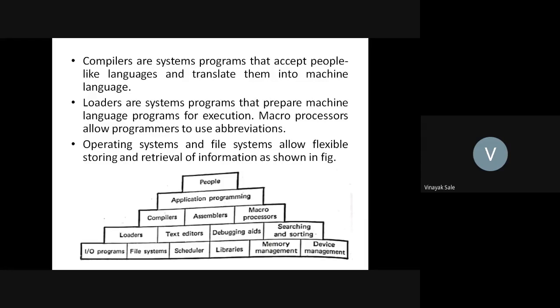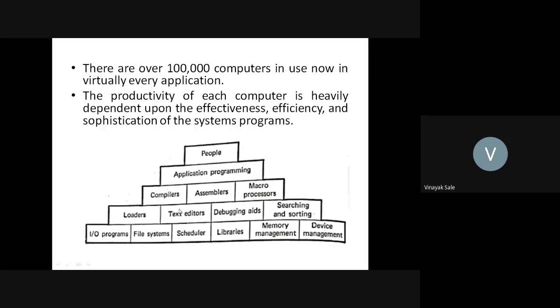So the operating system and file system also allow flexible storing and retrieval of information, as shown in this figure. Then next, suppose 1 lakh computers are used now in virtually every application. So the productivity of each computer is heavily dependent upon the effectiveness, efficiency, and sophistication of system programmers.